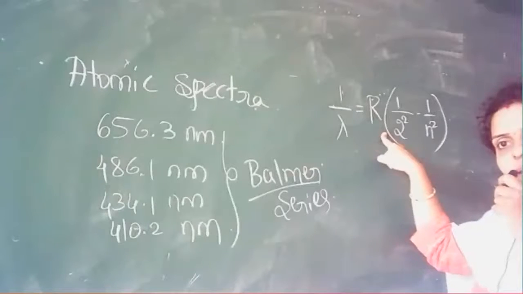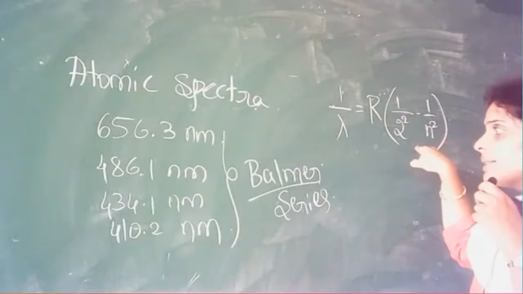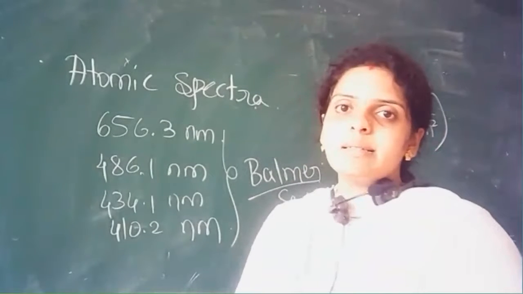The formula is 1 divided by lambda is equal to R into bracket 1 divided by 2 square minus 1 divided by n square. This expression was given by Balmer. This is known as Balmer series.